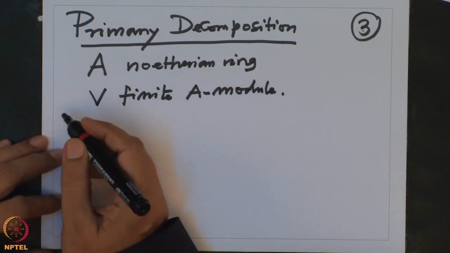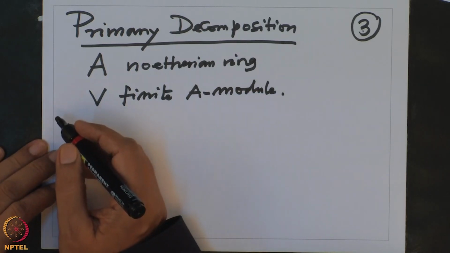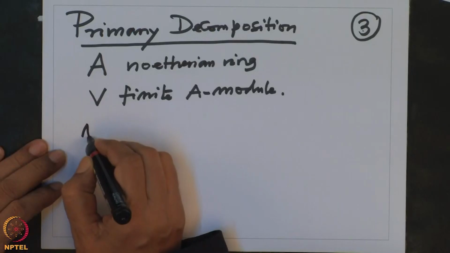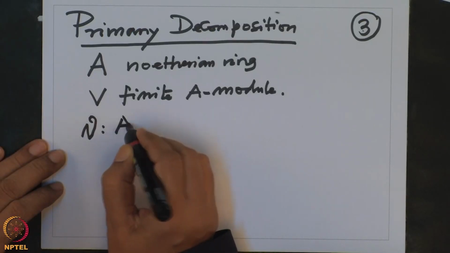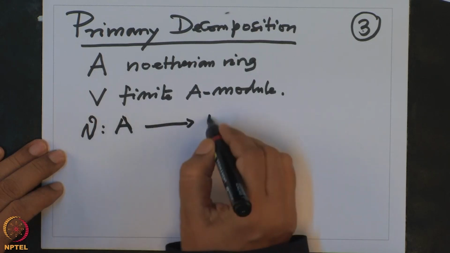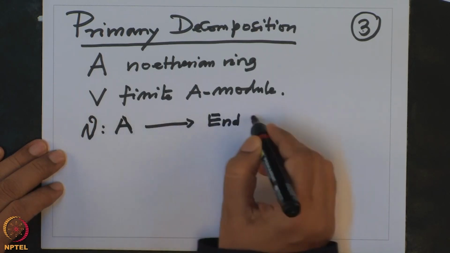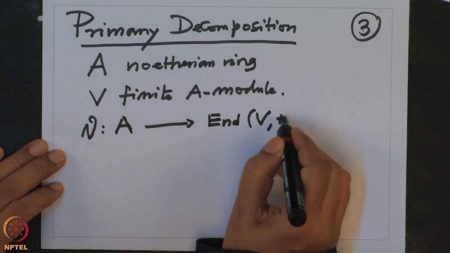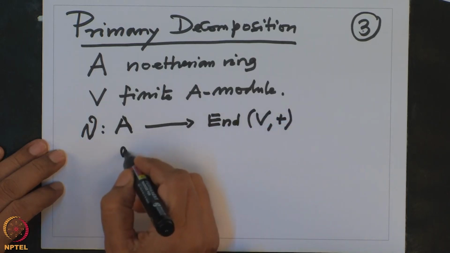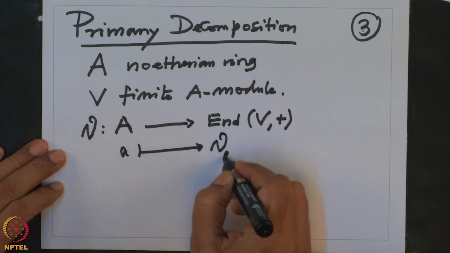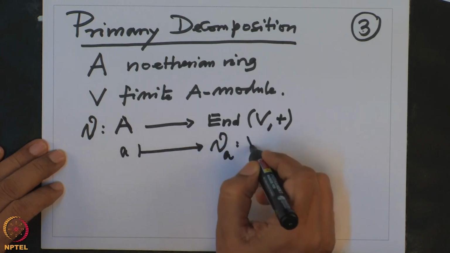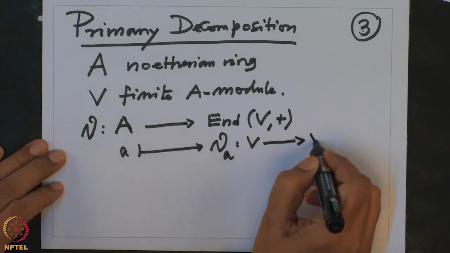All right, so observe that because V is an A module, we have this ring homomorphism theta from the ring A to the endomorphisms of V as an abelian group. That is, a going to the homothety by a.